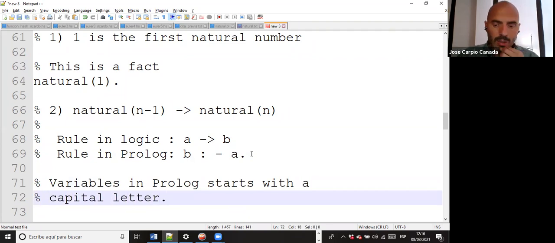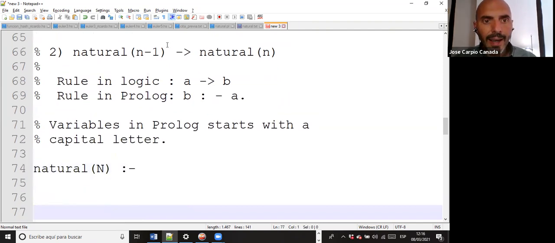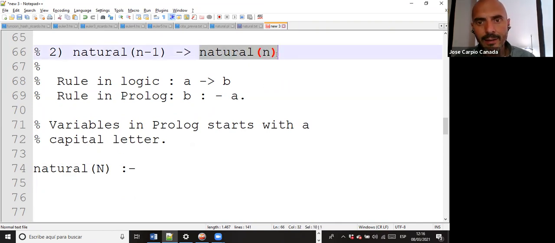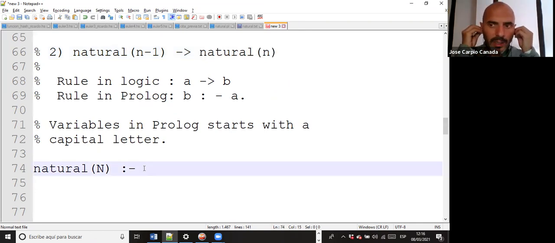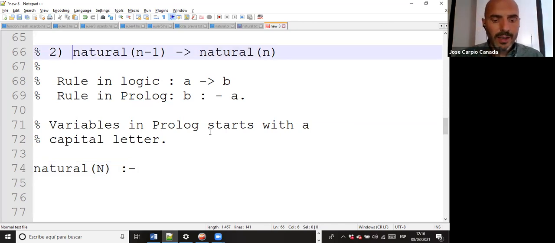Okay, so this is n, but in Prolog we have to write it this way. This is this part, natural(N). We change the order and put it at the beginning. And now what I have to say is for N greater than the first one.